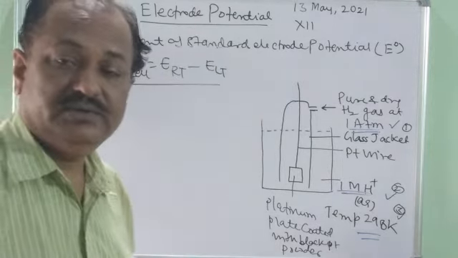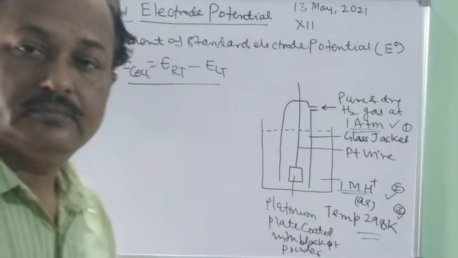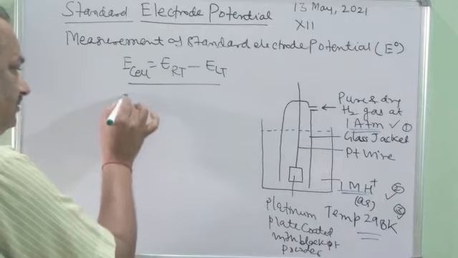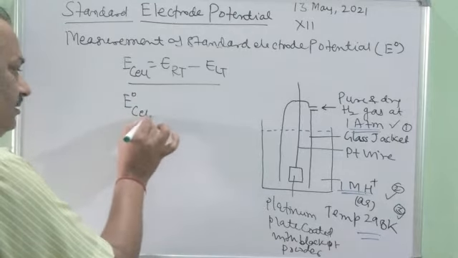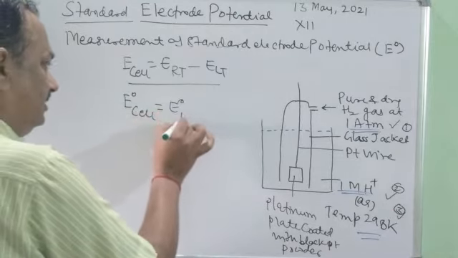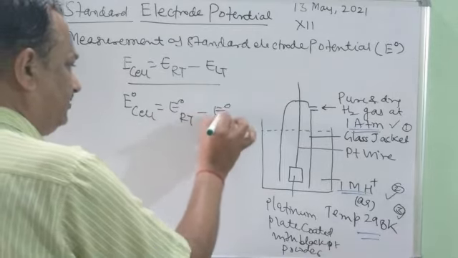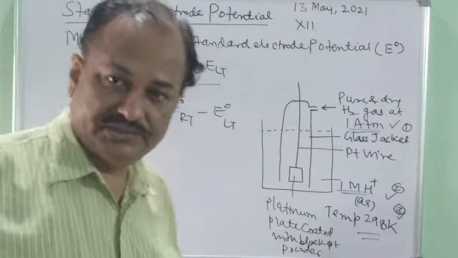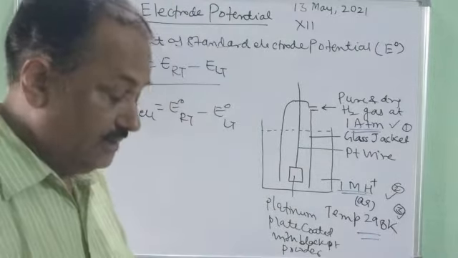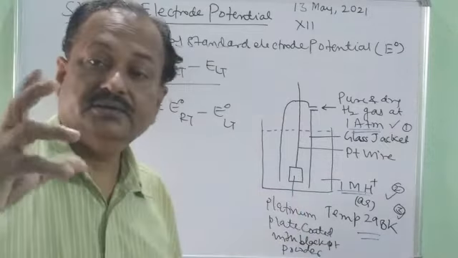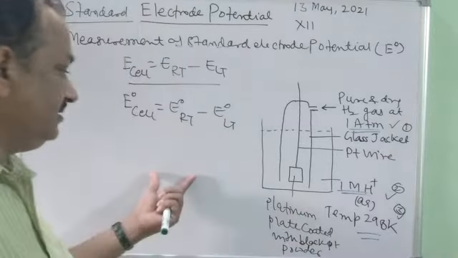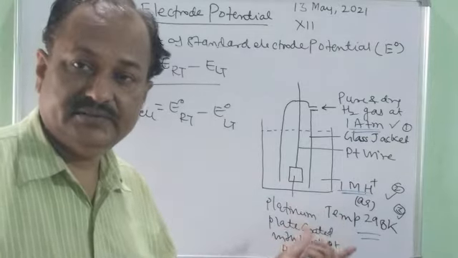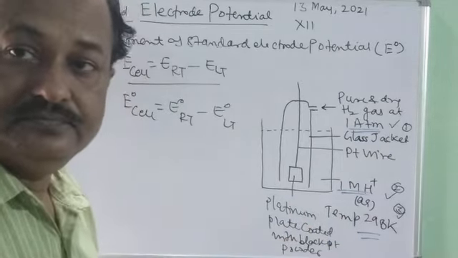Or in standard condition, E standard cell is equal to E standard right minus E standard left. Right means right electrode, left means left electrode. Now in this convention, we write or draw the anodic part here and the cathodic part here, A, B and C. So see how.